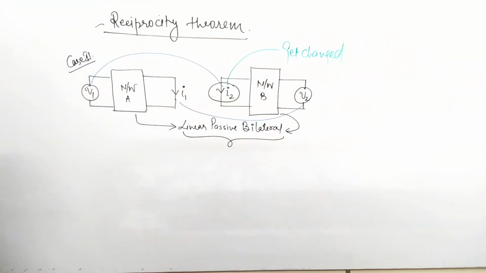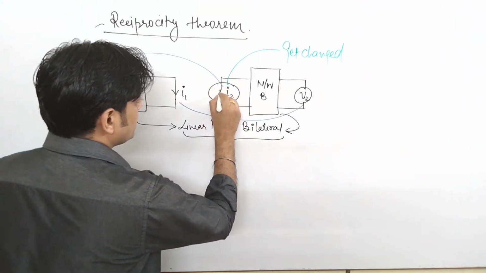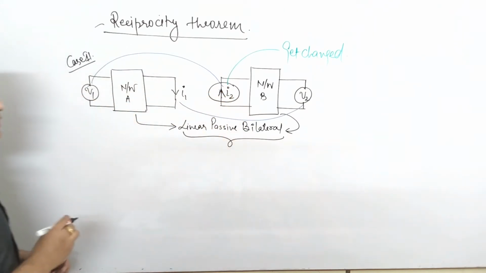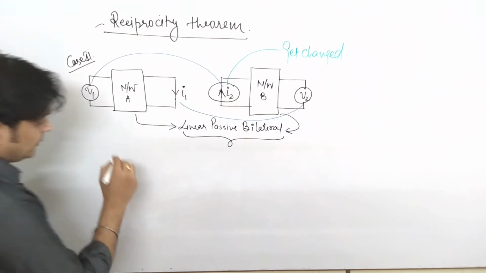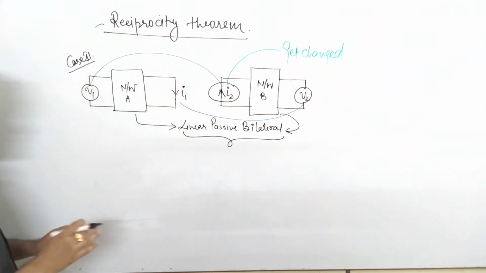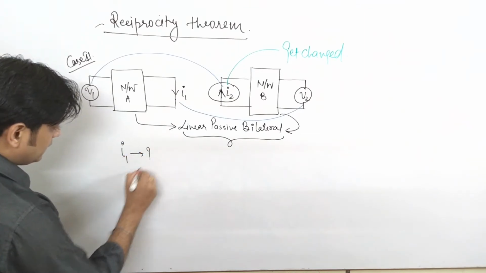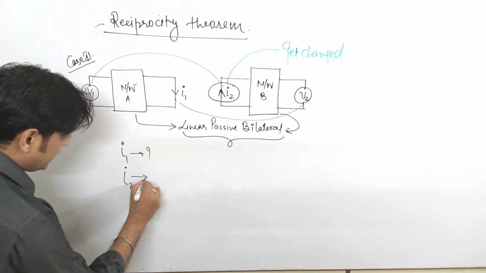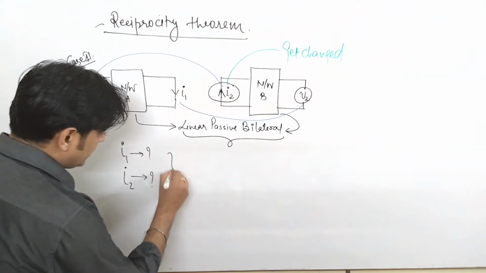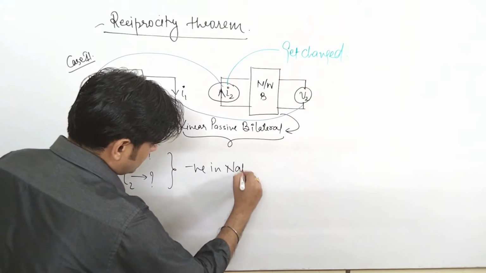So now instead of I2 flowing in this manner, now it is flowing in this manner. I have just changed it. So please keep in mind, whenever the direction of I1 and I2 is opposite to each other, either you have to find the value of I1 or the value of I2, the current will be negative in nature.